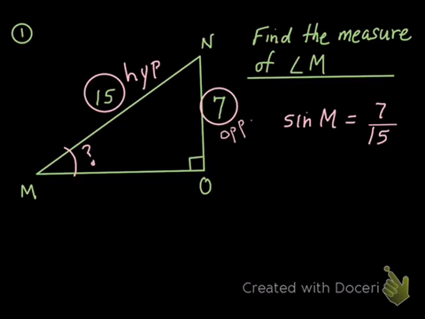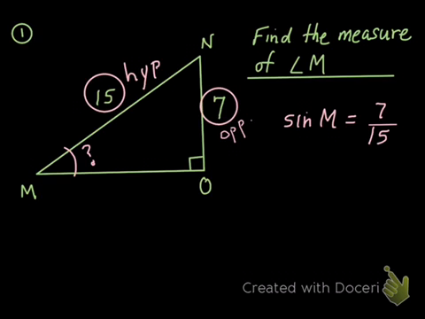Some of you might say, well, you got to divide both sides by sine. You know, that's not really realistic. It won't work because this is the sine of angle M. That's a composition. I can't isolate M by dividing by sine. I always have to take the sine of something.